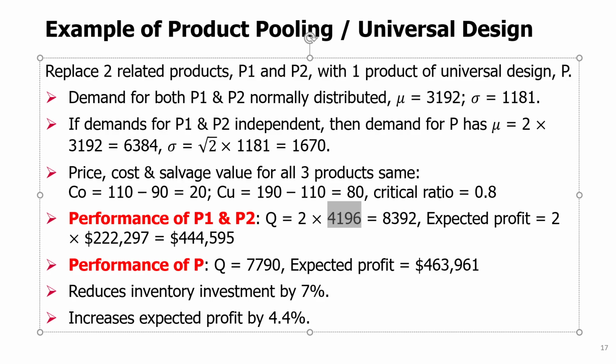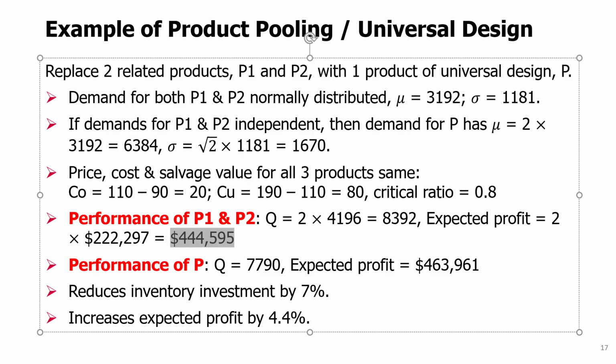So if you manage them separately, you order 2 times that amount of inventory, and expected profit will be 2 times the expected profit from a single product, P1 or P2, identical. So this is the expected profit from the two products.